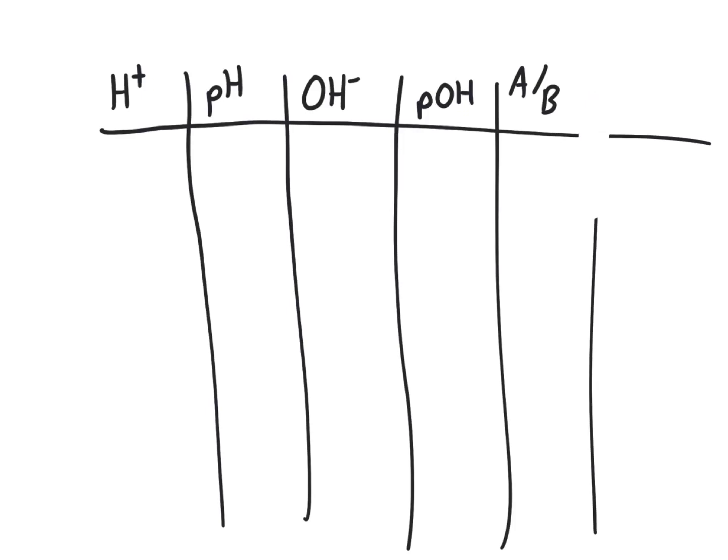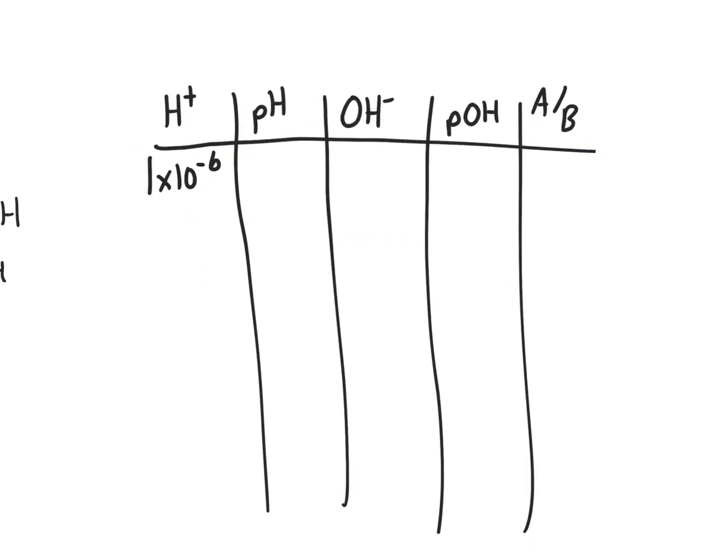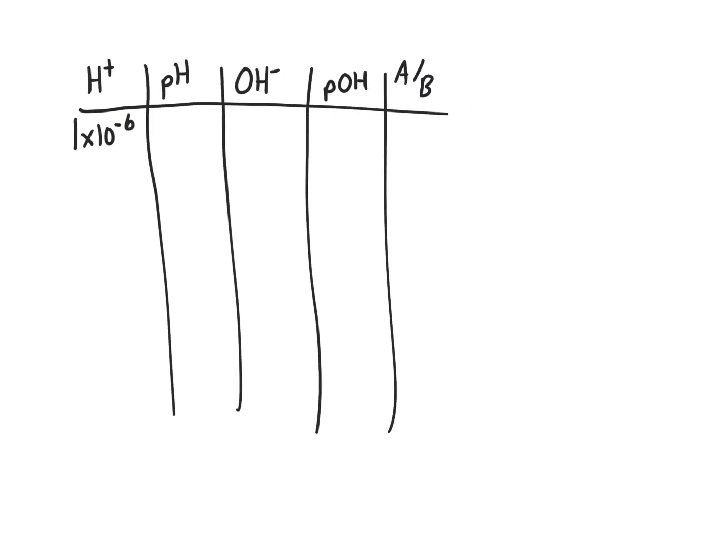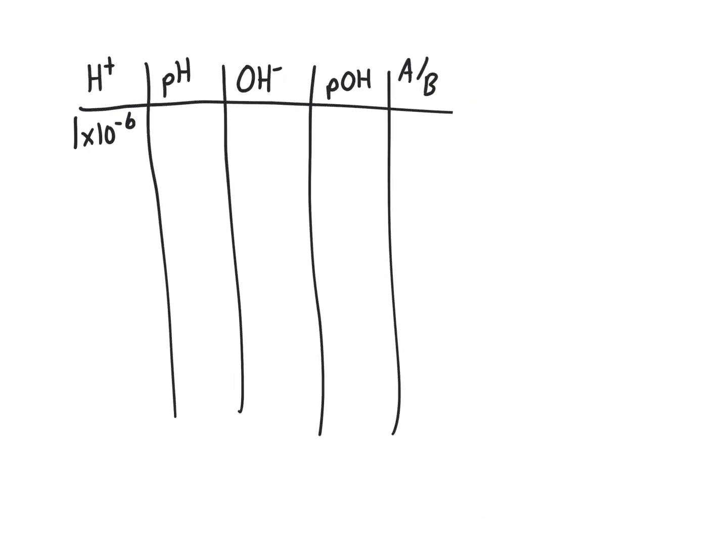And the first one gave us H plus, which is 1 times 10 to the negative 6. And so we're going to calculate pH.